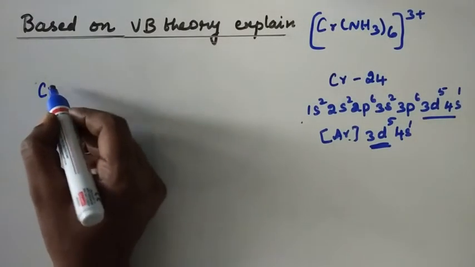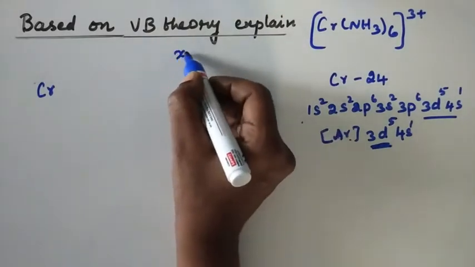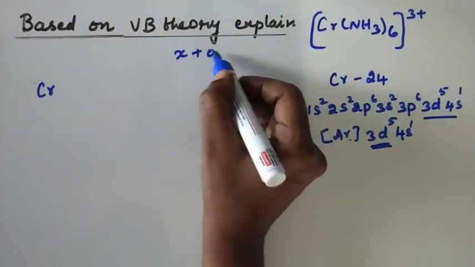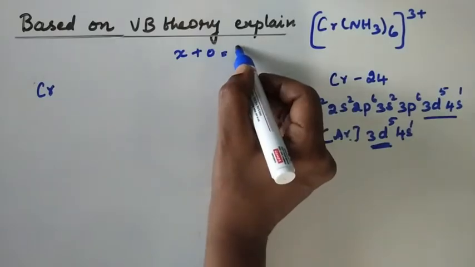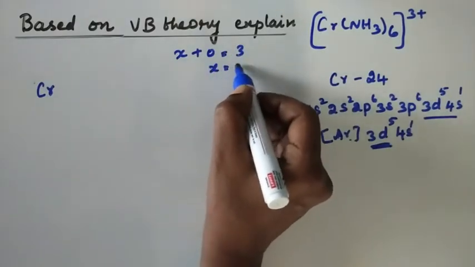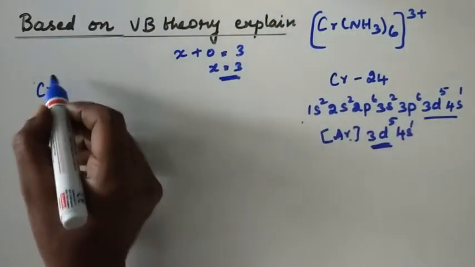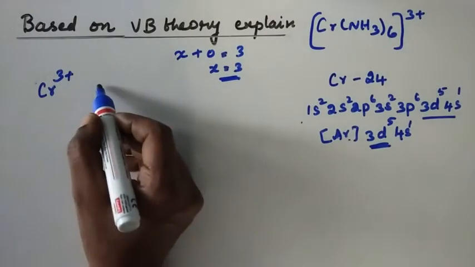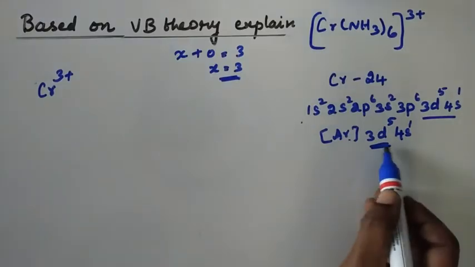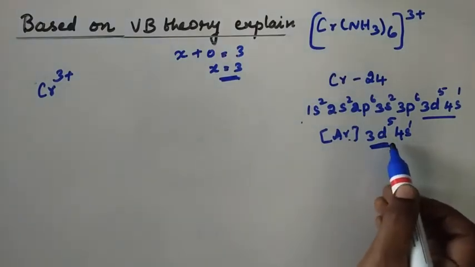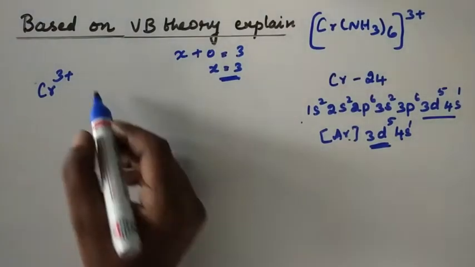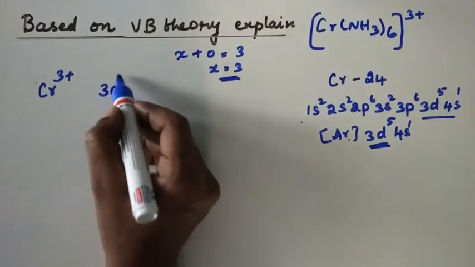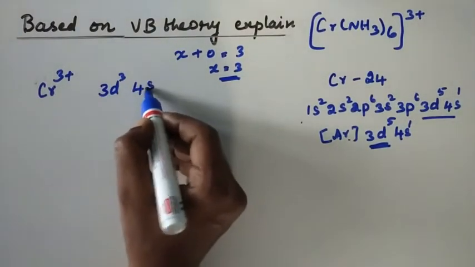In the excited state, find the oxidation number of chromium. So X plus 0 equals the charge, which is 3, so X equals 3. So the oxidation number is 3. It is in the +3 oxidation state. In the +3 oxidation state, it loses 3 electrons. So it is 3d3 4s0.